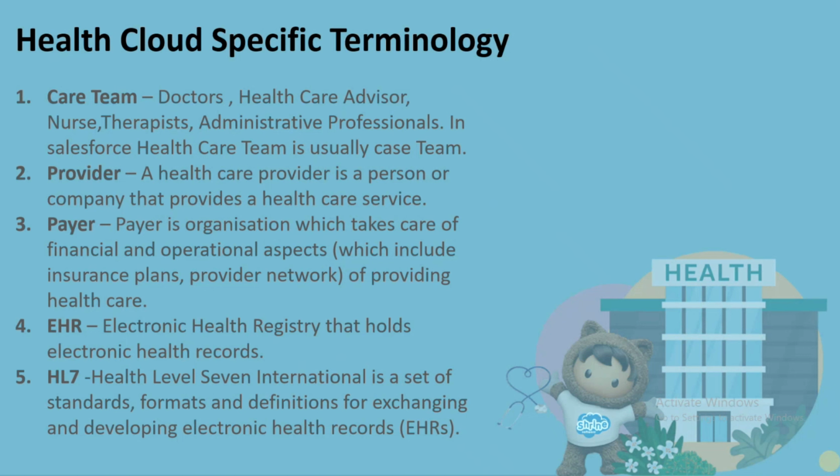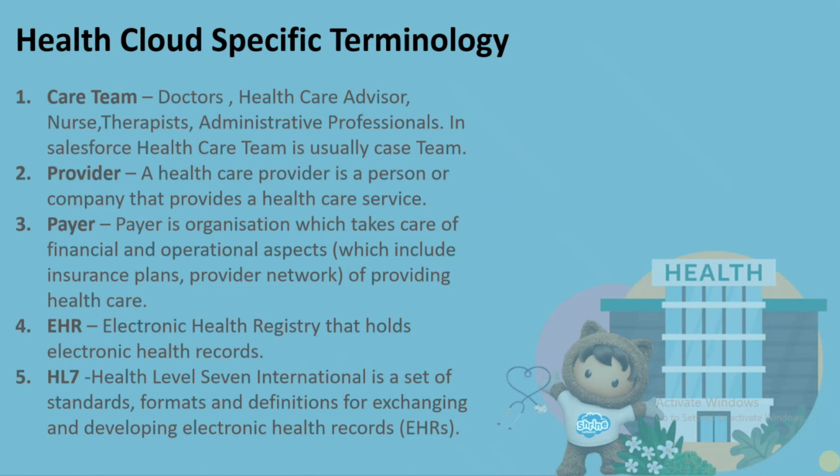EHR is basically an electronic health registry that holds electronic health records. To give an example, an EHR is a computerized collection of patients' health records. That includes information like your age, gender, ethnicity, health history, medicines, allergies, immunization status, lab test results, hospital discharge instructions, billing information, and so on.